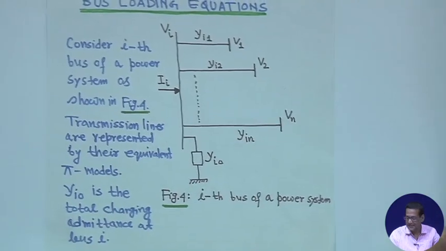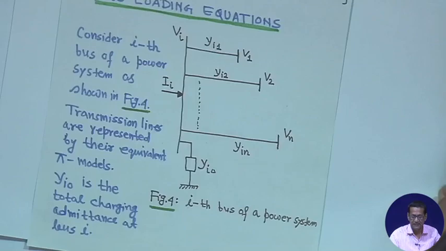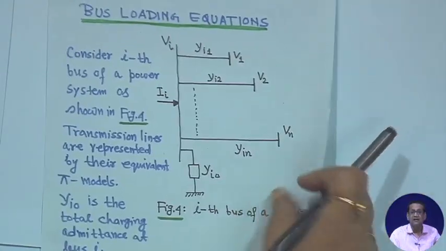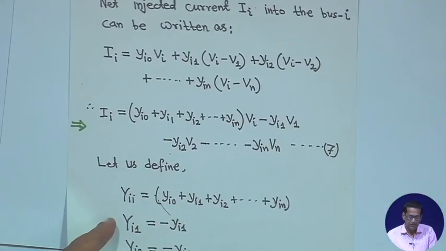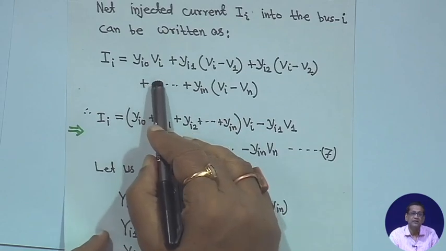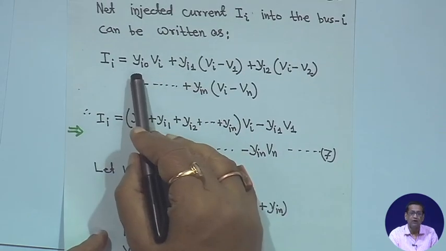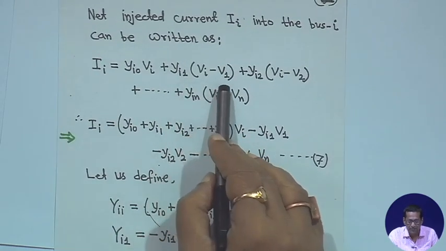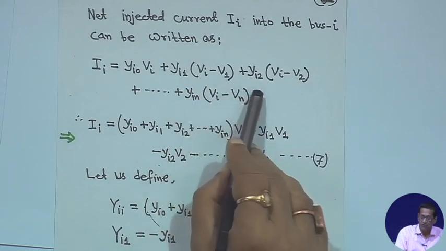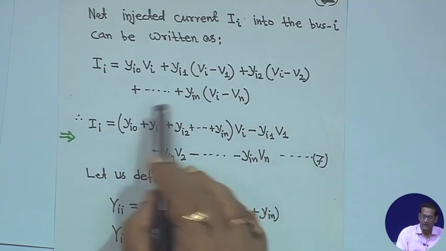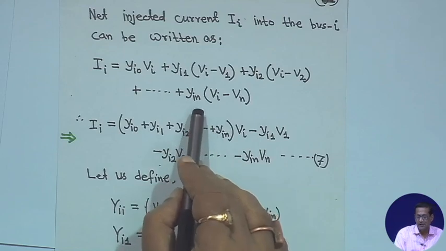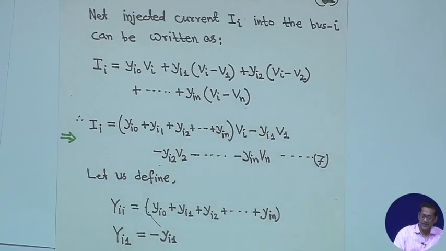That means the net current injection at this bus bar i, you can write, I_i is equal to y_i0 V_i plus, all small y, y_i1 (V_i minus V_1), y_i2 (V_i minus V_2), plus up to the nth term y_in (V_i minus V_n), right.